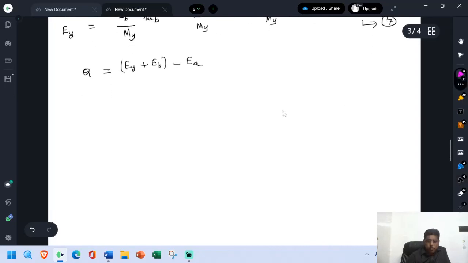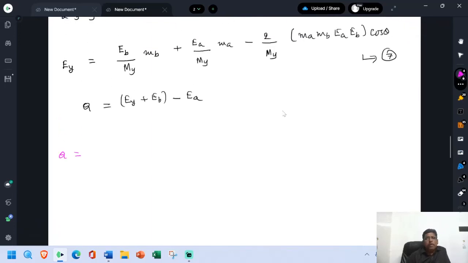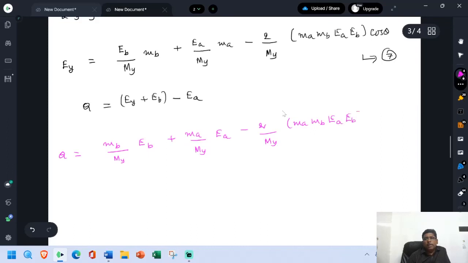Now Q equals Mb by My into Eb plus Ma by My into Ea minus 2 divided by capital My into Ma, Mb, Ea, Eb into cos theta. This is the value of Ey, plus Eb minus Ea.